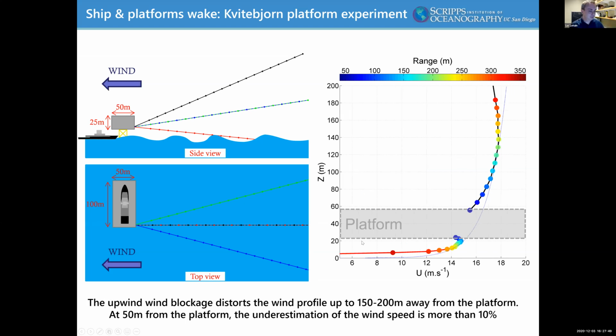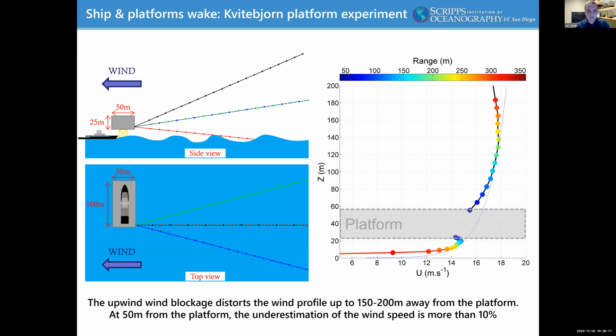Now, if you think about the way ships are going to be sampling atmospheric measurements, they're going to go into the wind, and that's the scenario here. So we had the chance to have this LiDAR in the same configuration, and what you're finding is that obviously it does a much better job, but nevertheless we see influence, even when you're pointing into the wind, because of the stagnation point that is going to be forming ahead of the platform.